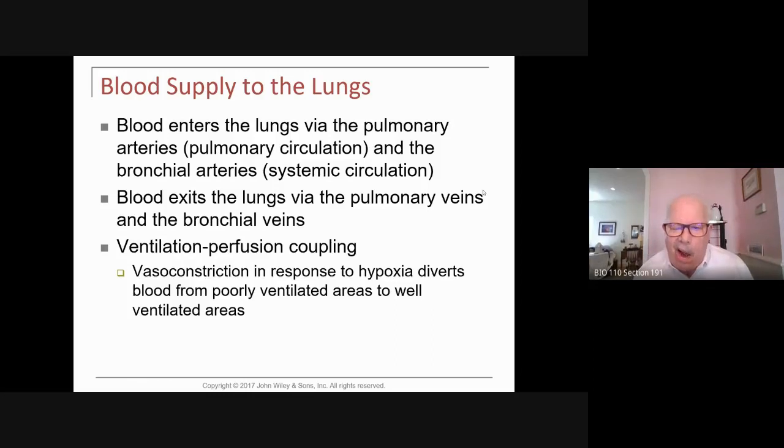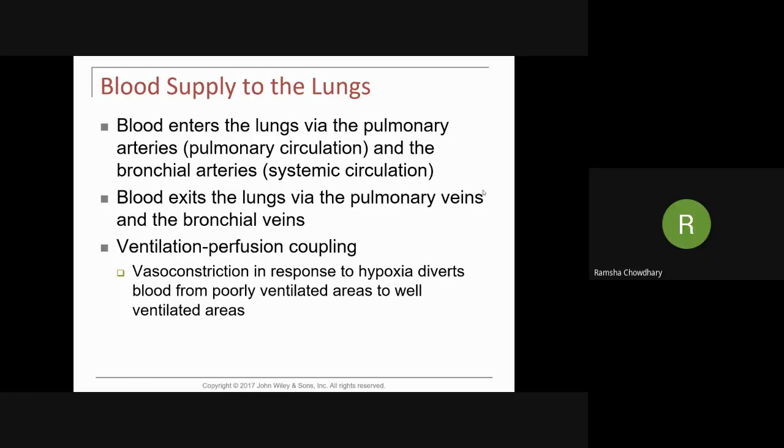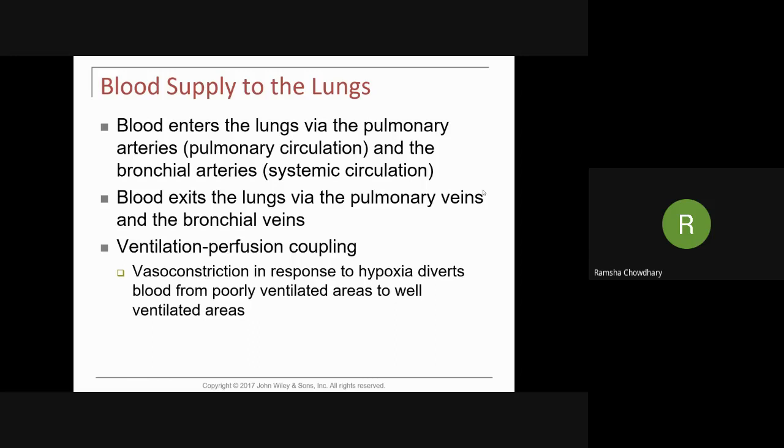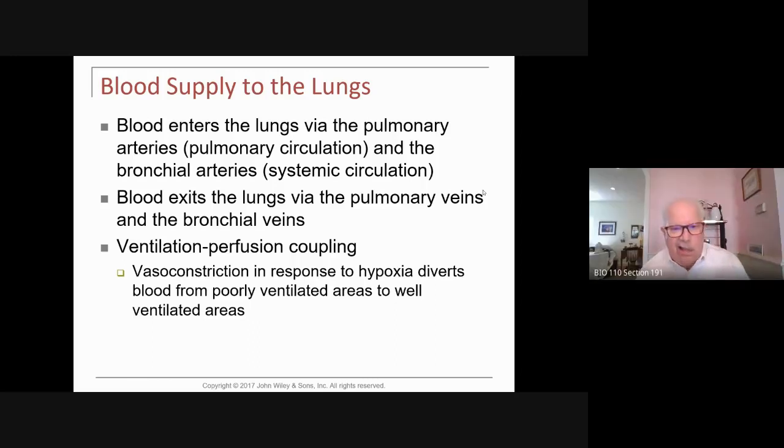What part of the heart? Is it the atrium? Which one? The left atrium. Yes, exactly. All right? The important thing here is that the oxygenation of the lungs comes from the bronchial arteries. Okay?